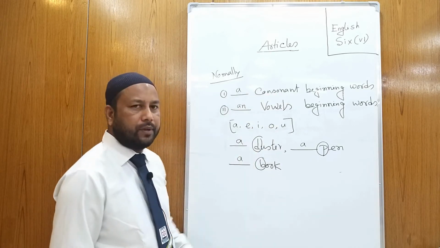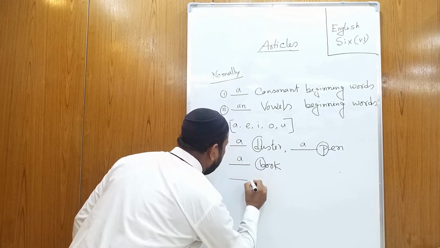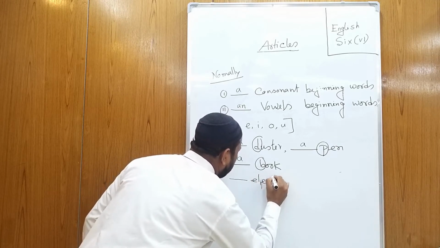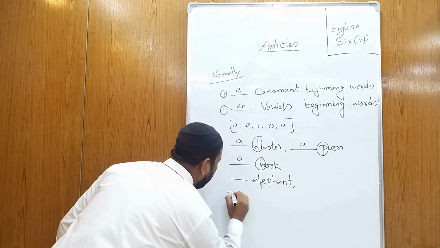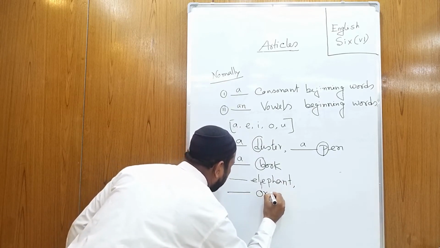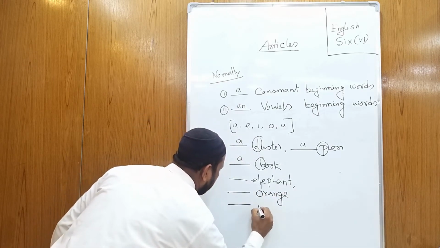Now let's move to the second example. An elephant, an orange, an ink pot.